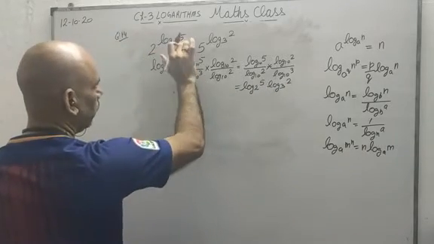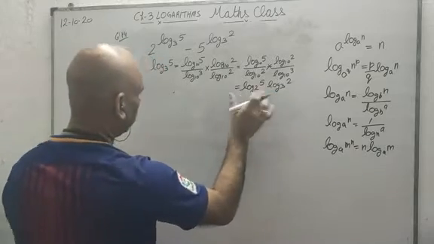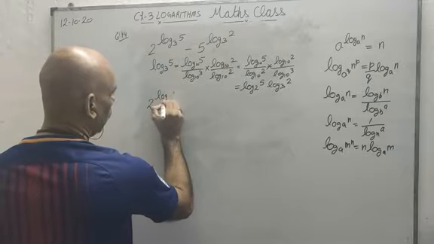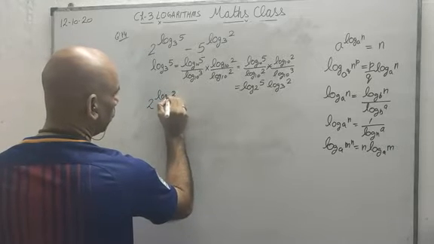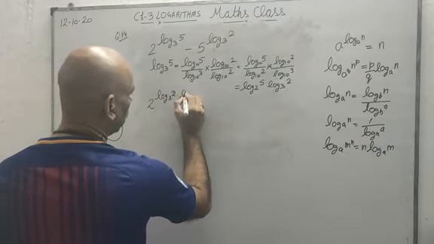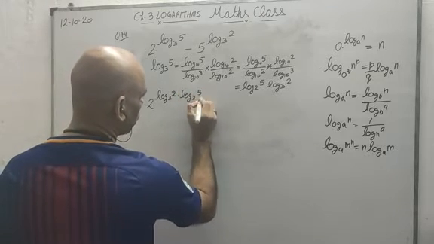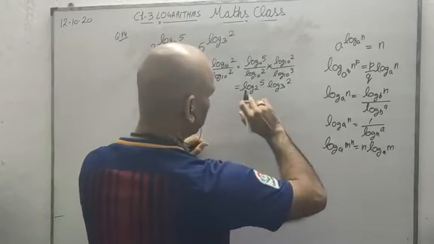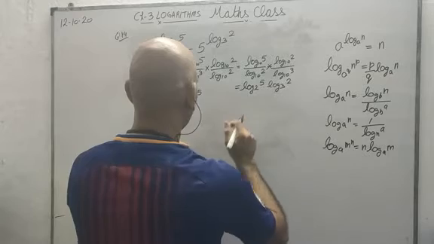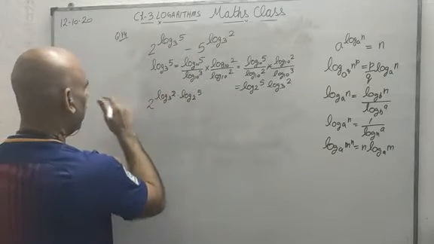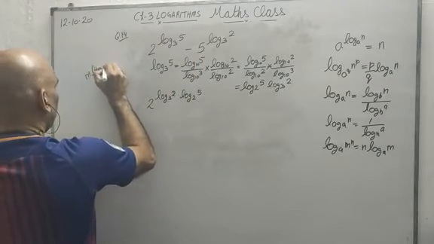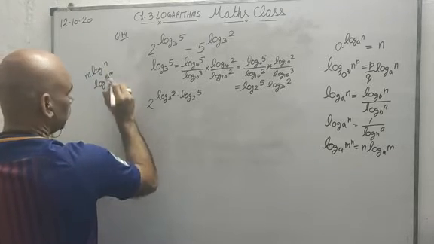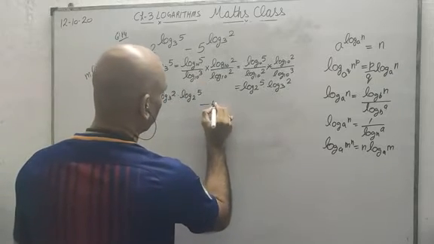So log 5 base 3 I am going to write like this: log 2 base 3 dot log 5 base 2. Now what next? Look, if we have this as a power and this is written first, this will go in the power, as m log n can be written as log n to the power m. So this is in multiplication, so this will go in the power.